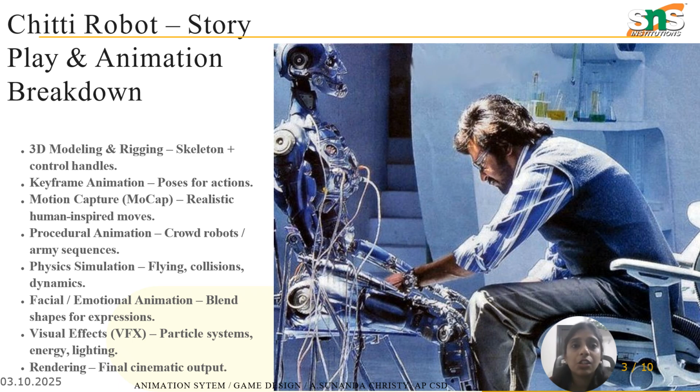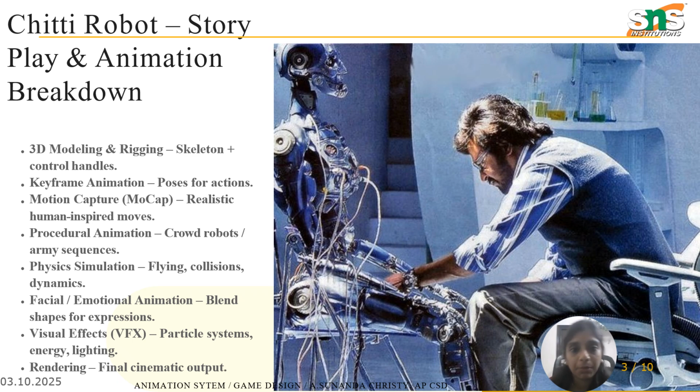Next is motion capture, where realistic human-inspired moves take place in this movie, and also procedural animation, such as a crowd robot scene. There are lots of robots connected together in a single rig, in a single design. Then how it is done, and also physical simulation, and the facial and emotional animations.